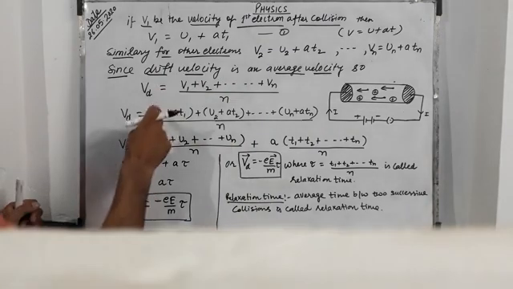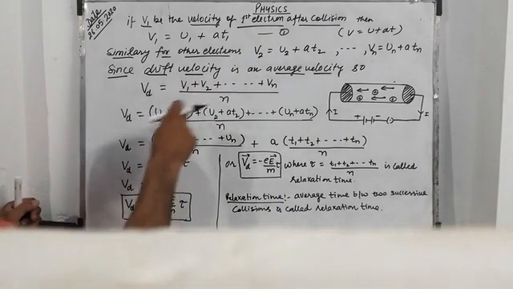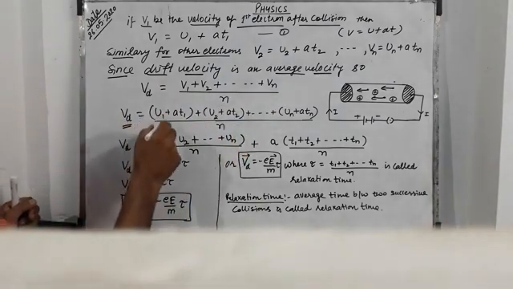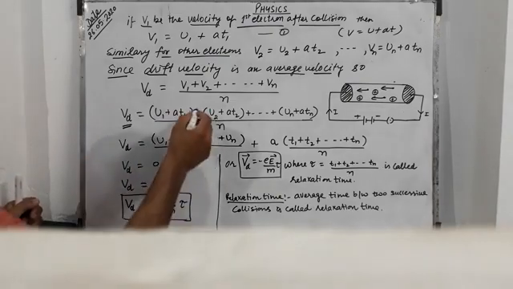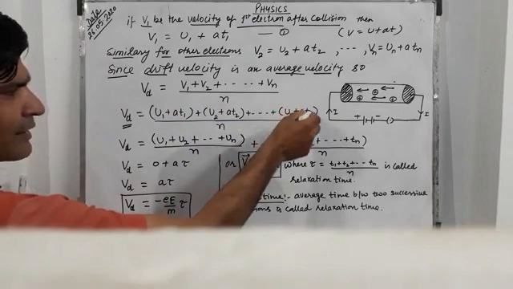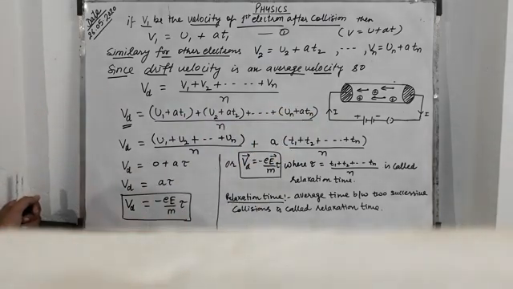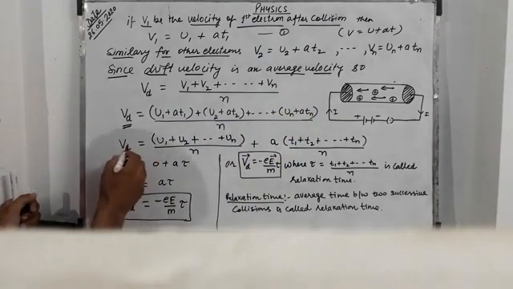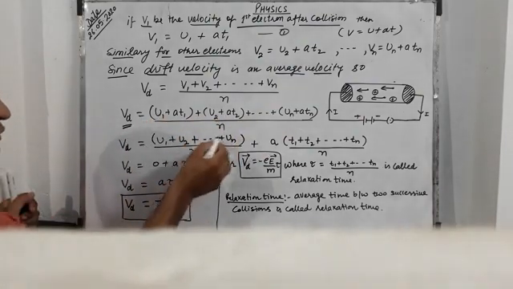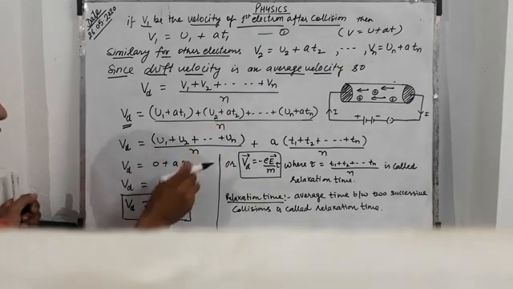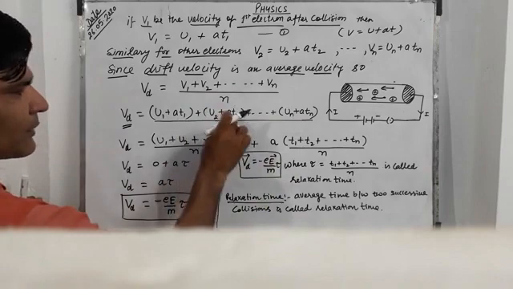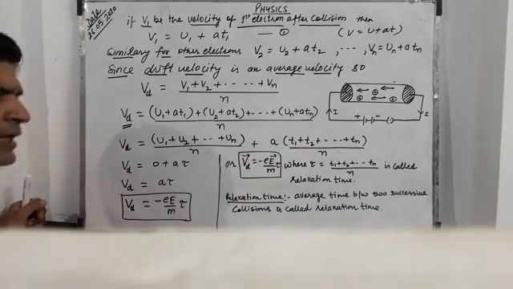So put the values of v1, v2 and vn. We get vd is equal to u1 plus a t1 plus u2 plus a t2 plus up to un plus a tn, upon n. Okay, so vd is equal to u1 plus u2 plus un upon n, plus a, which is common, into t1 plus t2 plus tn upon n.